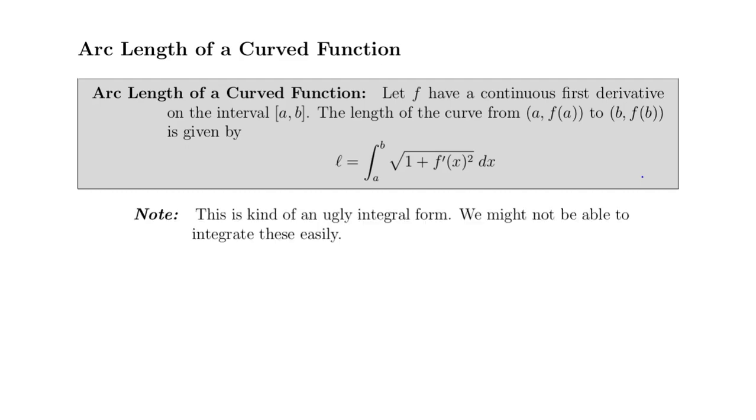Something that we should note is that this is kind of ugly, right? We have all this stuff under a square root. We have some composition going on here. So it might not make it easy to integrate this thing, which is no big deal. In a lot of these, we can just get by setting up some integrals and then saying, all right, as we learn more integration methods, we'll be able to figure these things out later. For now, I'll take a look at some examples that we actually will be able to integrate and get all the way through.